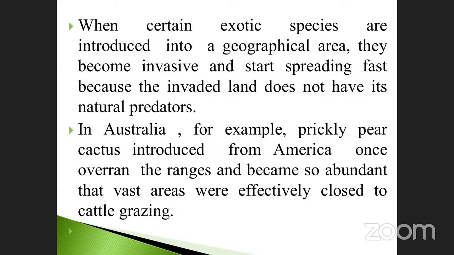Vast means even the dry area was fully occupied by the cactus. Effectively closed to cattle grazing means the grassland was completely covered by the cactus.